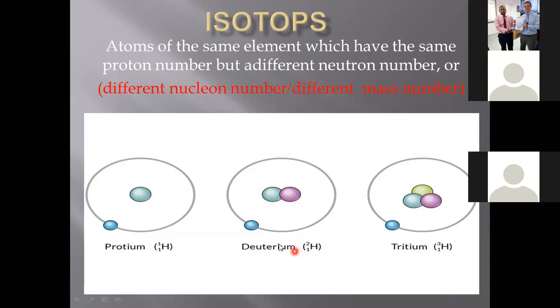In deuterium, the nucleon number is 2. In tritium, the nucleon number is 3. So this is the nucleon number.